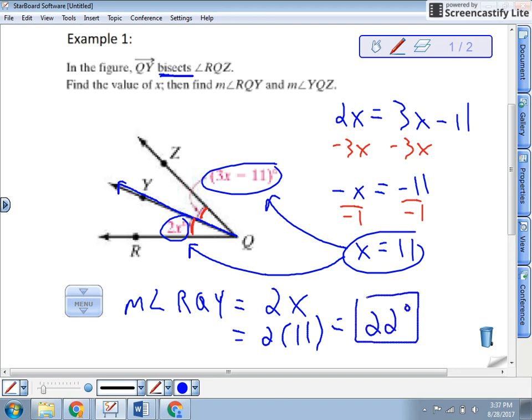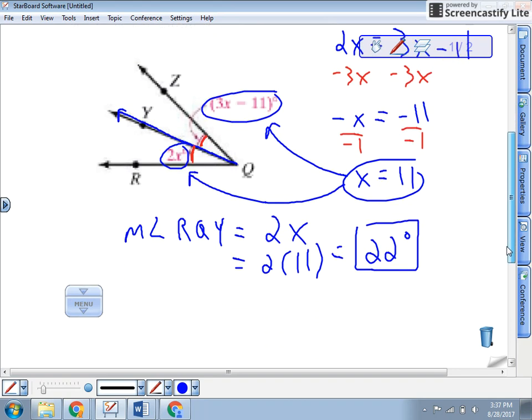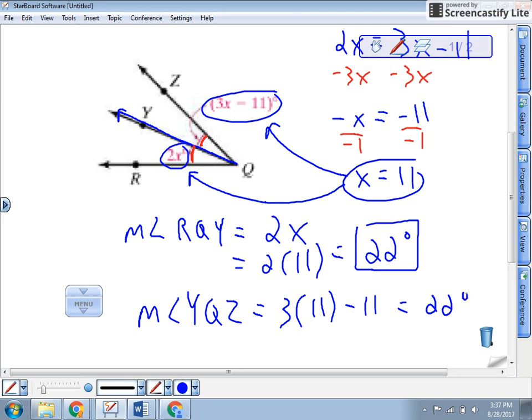So that is our measure of angle RQY, and that better be the measure of angle YQZ, because it was bisected. They must be equal. But if you check, we put 3 times 11, minus 11, it will equal 22 degrees as well, which is what we want.